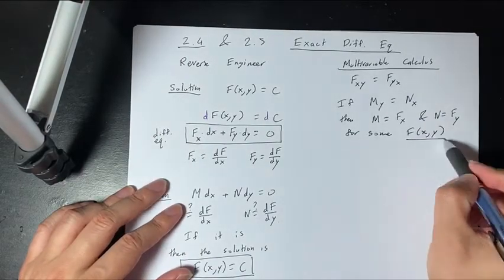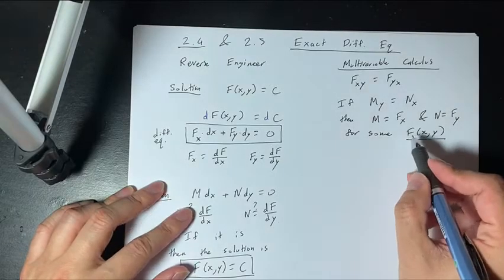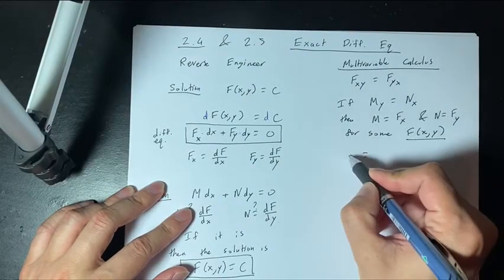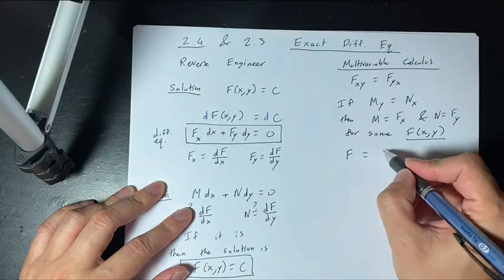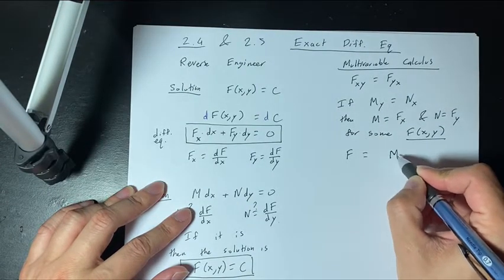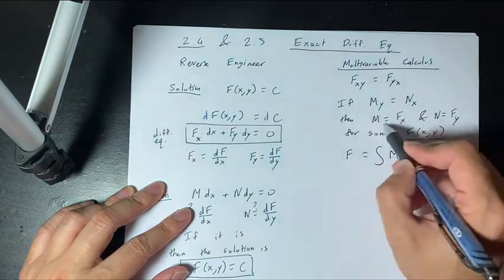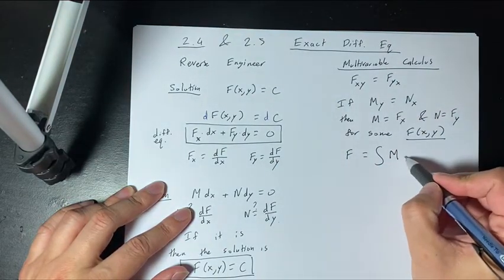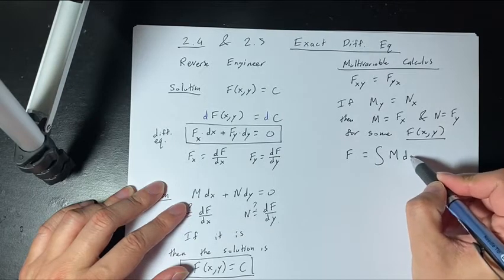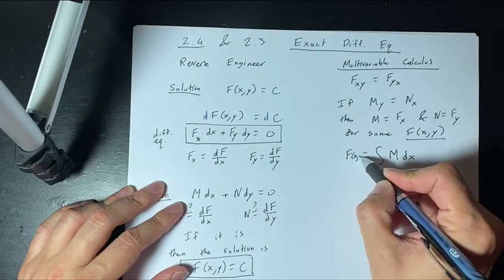And now our goal is to really find this guy. Okay? Well, how do you get back F? Well, there's two ways. If I know that M is the derivative of f with respect to x, and we've checked it as exact, then I'm going to take the antiderivative with respect to x, and you'll get back F of x, y.